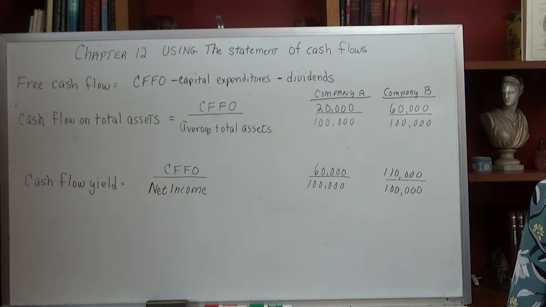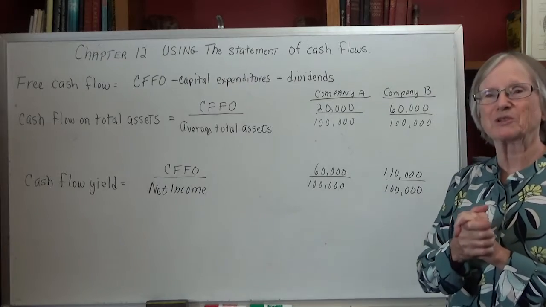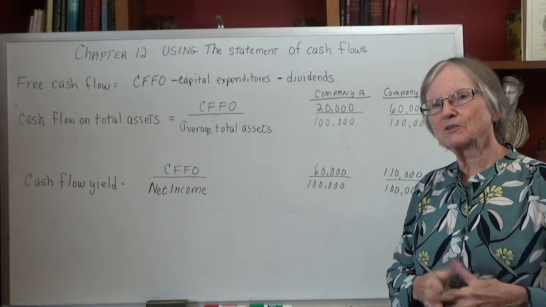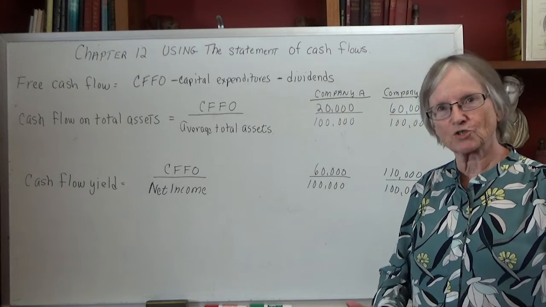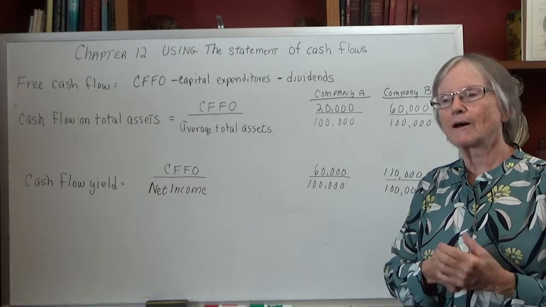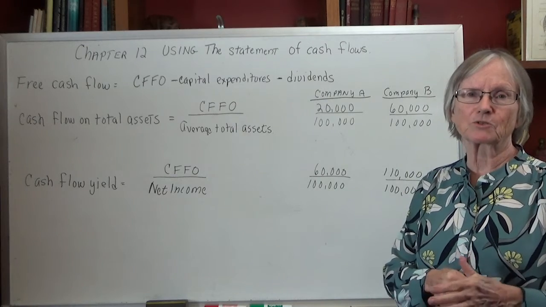Let's see. What else do we need to know about this? Is it easy to mess with the cash flow statement? The answer is it's a little bit more difficult than with others, but companies such as Krispy Kreme Donuts, that great New York donut company, actually messed with their statement of cash flows.